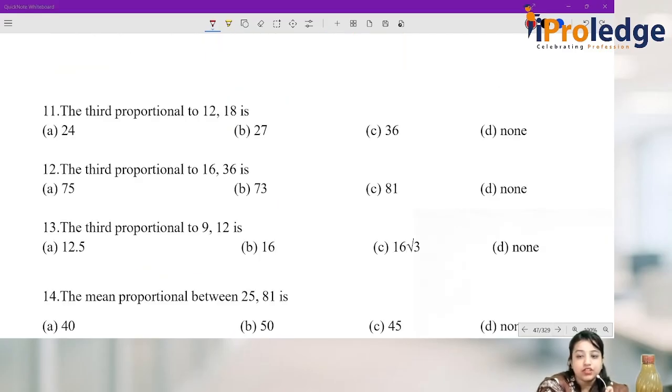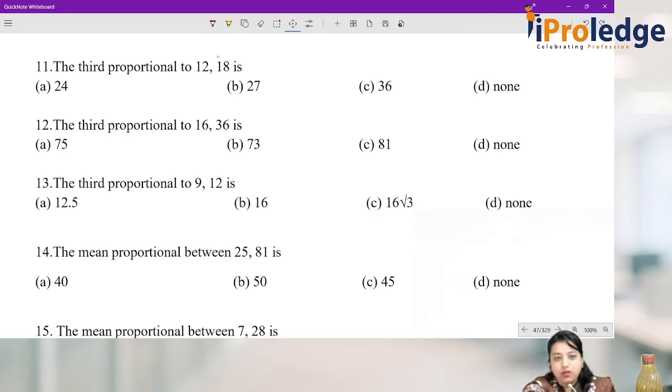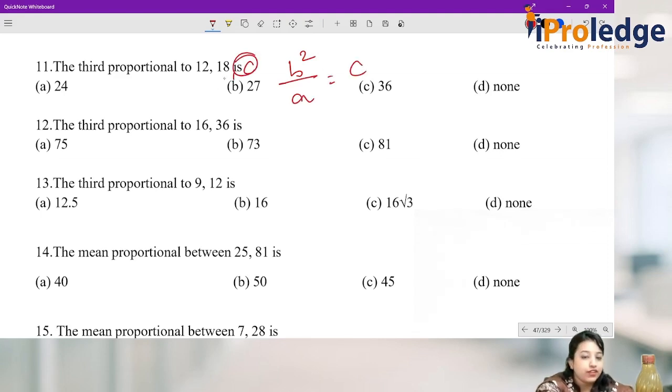Okay. Now the third proportion. What's the formula for third proportion? B square by A equal to C. Here you have to find out the value of C. The first number is always A, the second number is always B. So now you have to square 18.